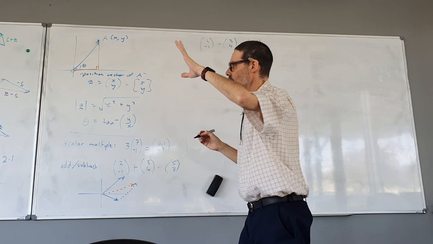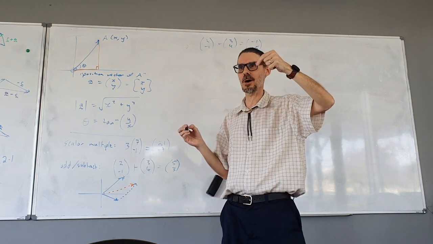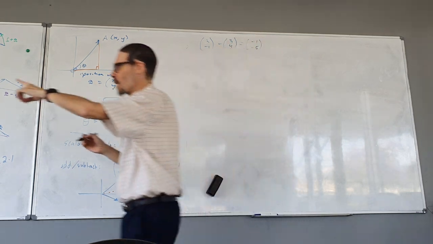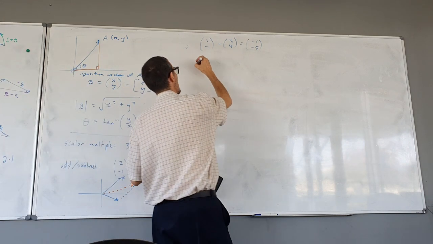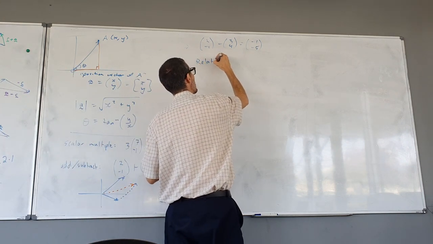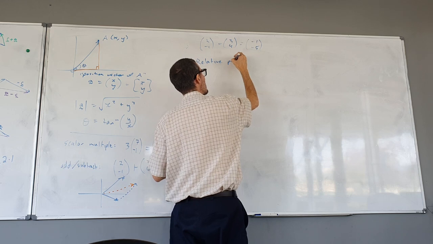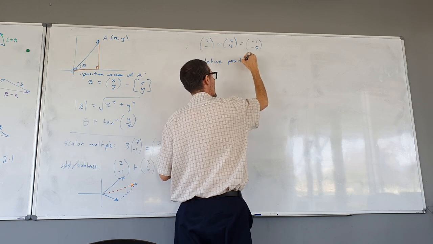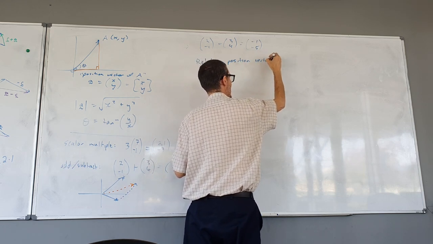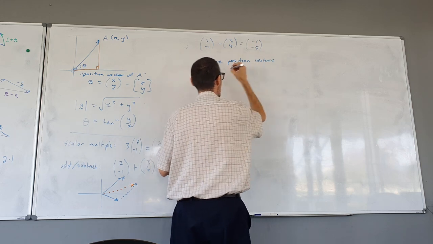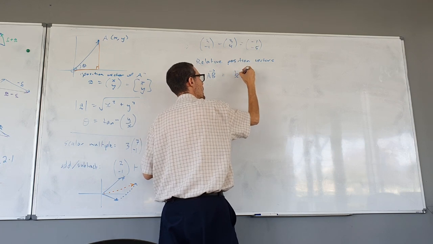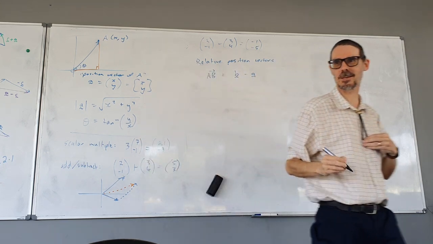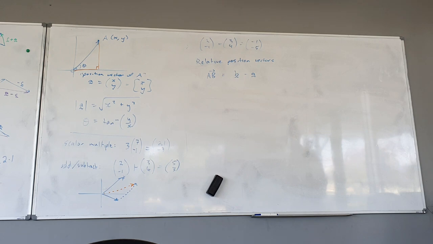So, in that proof I just wrote for you before, I wrote AB with an arrow. And when we did that over here, to get from A to B, I can be more specific. Relative position vectors. This is important and worth writing down somewhere for notes. The vector AB is B minus A. Now I'm going to try and prove that to you.